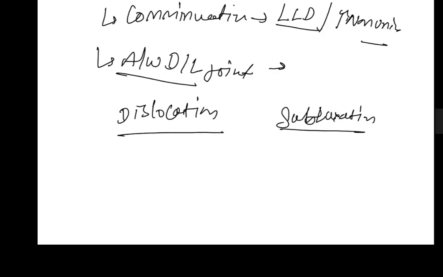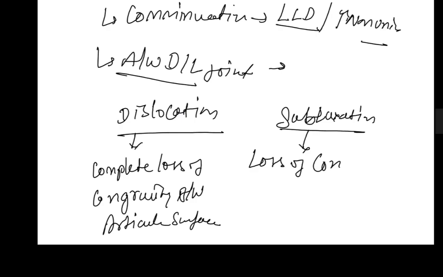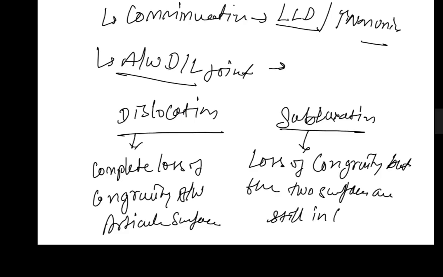In dislocation, there is a complete loss of congruity between the articular surfaces. In subluxation, there is a loss of congruity, but the two surfaces are still in contact.